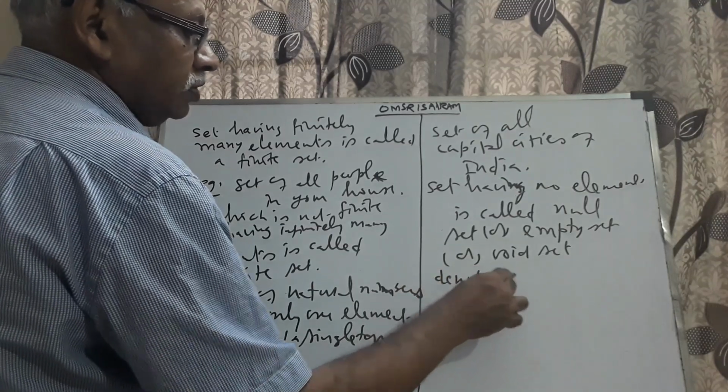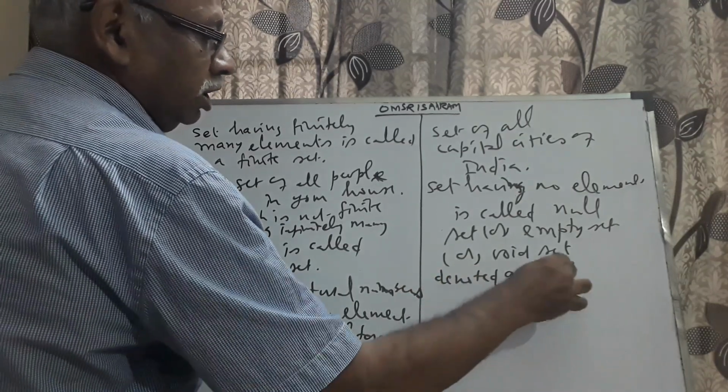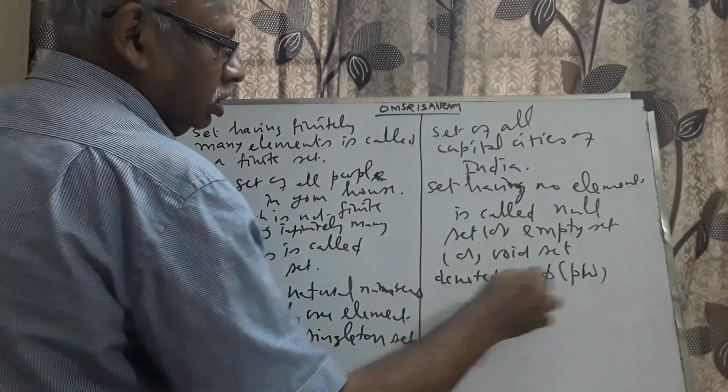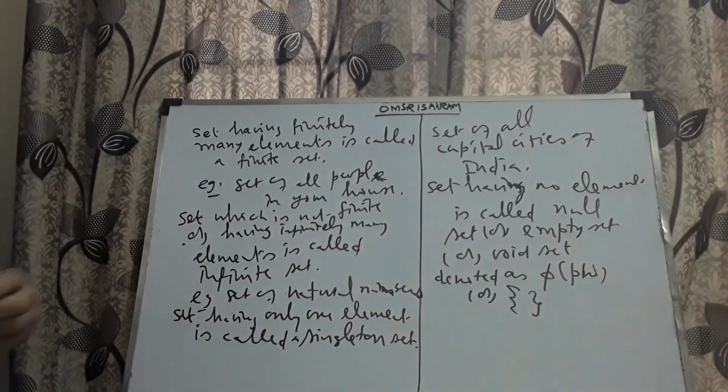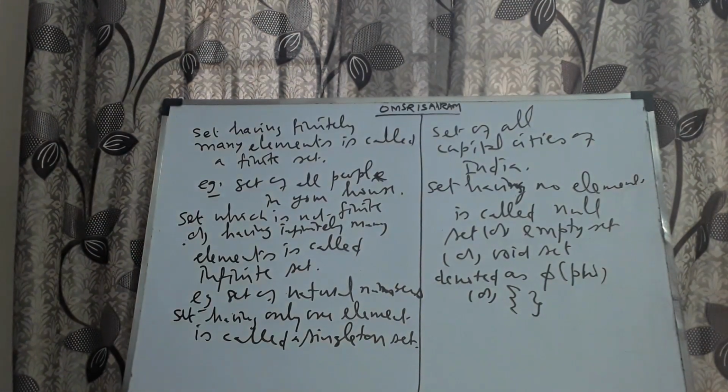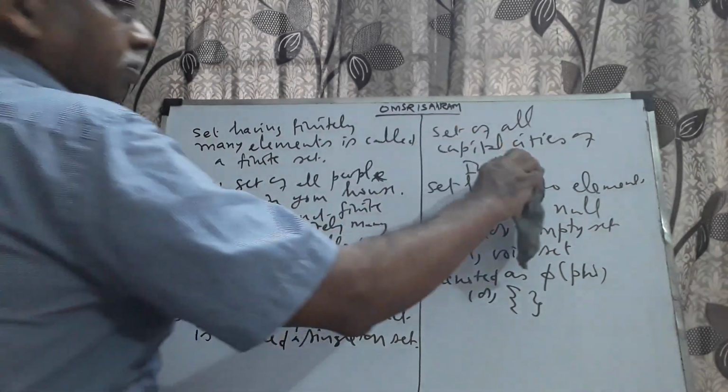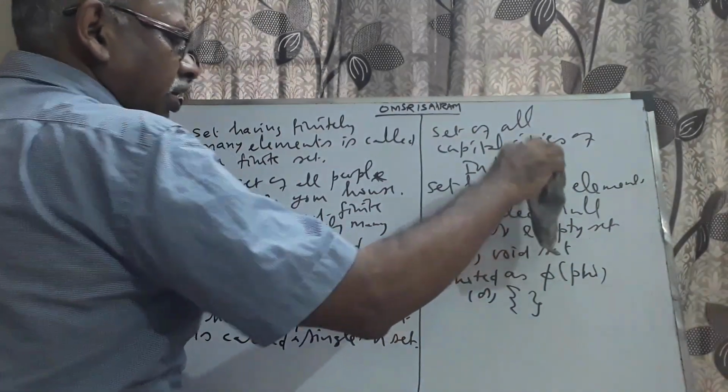We denote it by phi. The symbol phi is used, or set braces without writing anything in between them. Don't write anything in between the set braces. Okay. A set having no element is called an empty set.